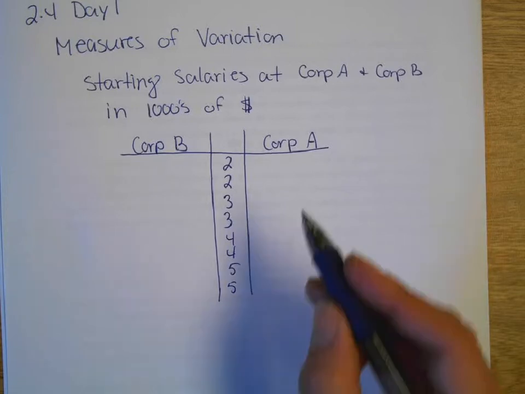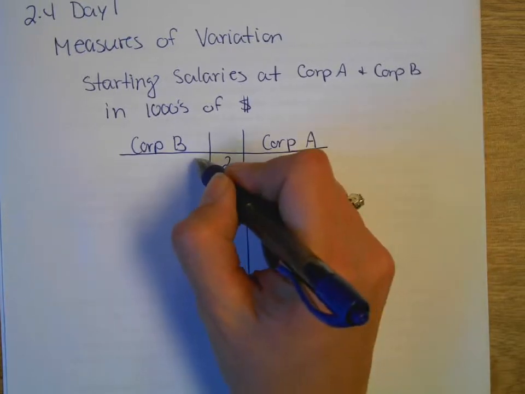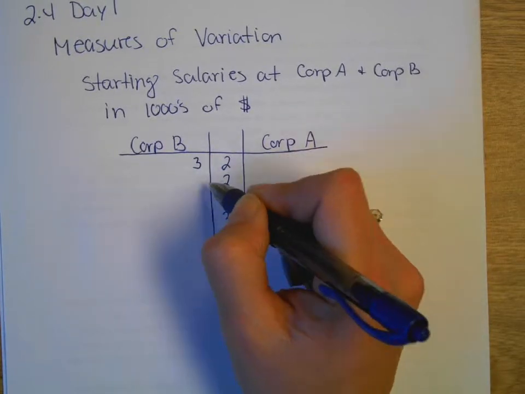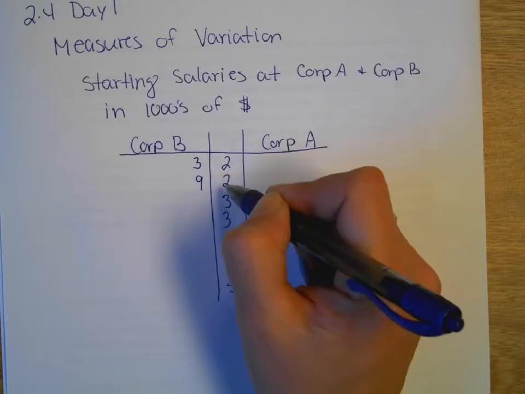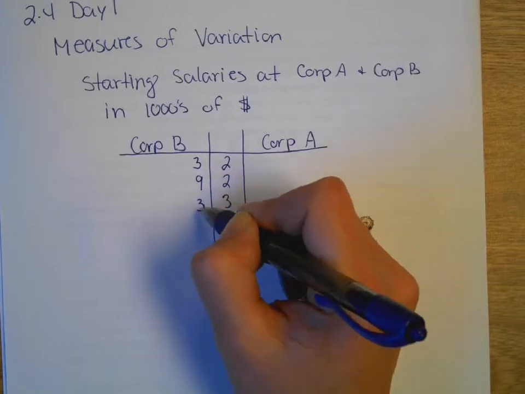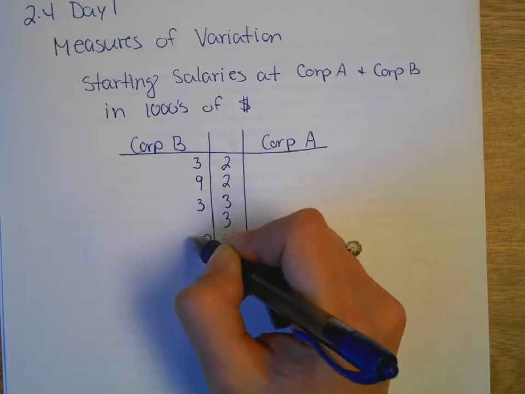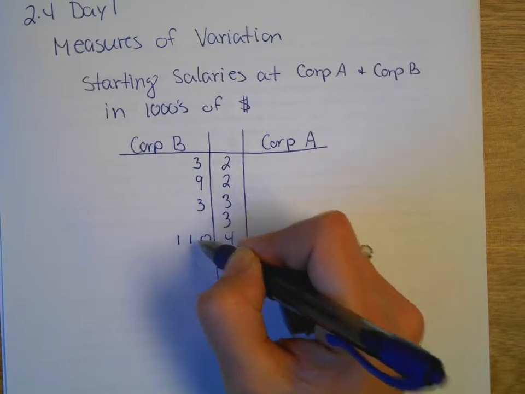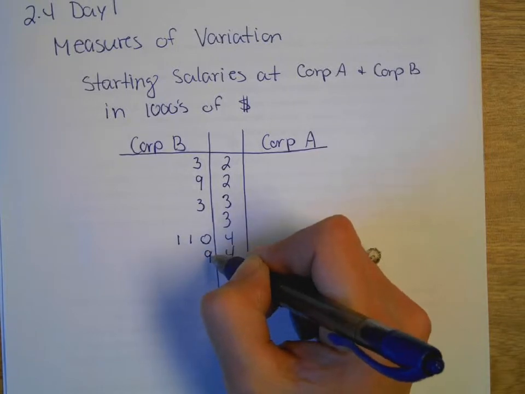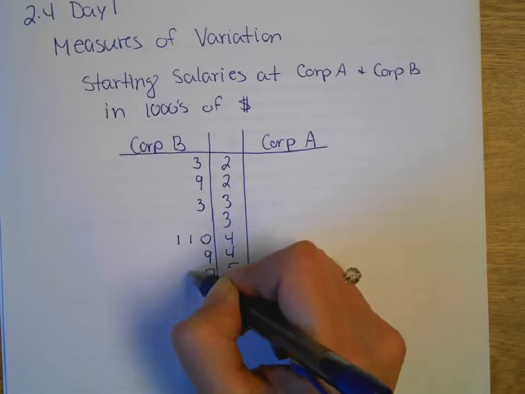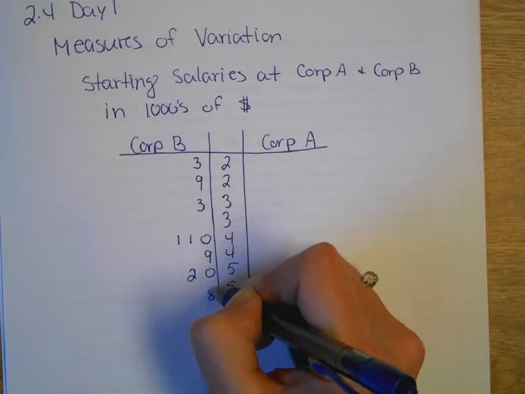So the lowest starting salary at Corporation B is going to be $23,000. Then we got a $29,000, 32, 40, 2 41s, a 49, a 50, 52, and 58.